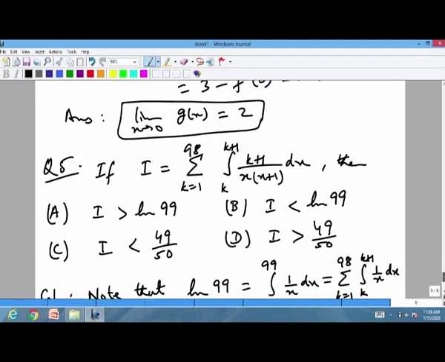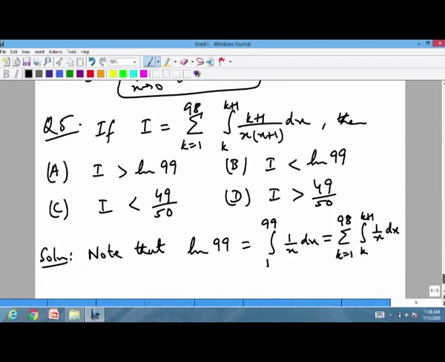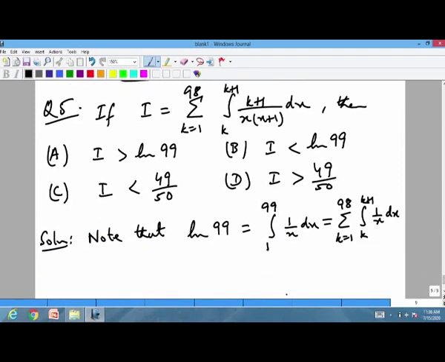So, now if you see, we have written this log 99 in terms of a summation for k equal to 1 to 98 of some integral. So, we have to just compare the given integral with this integral to see which one is bigger.